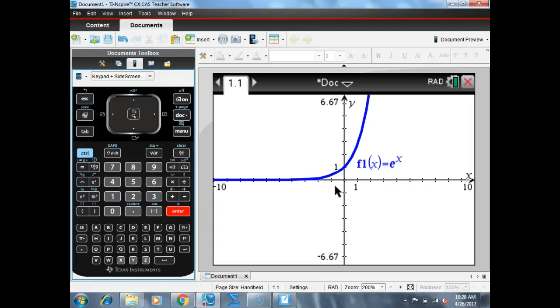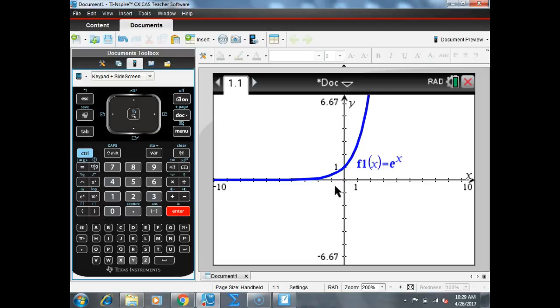What's b in this case? B is e, and what value is e? 2 point something, which, when we're thinking about exponential growth functions, 2.71828 is bigger than 1. So that's a growth function. So if my exponent is positive, it's going to grow.